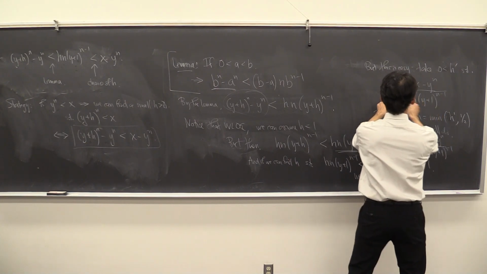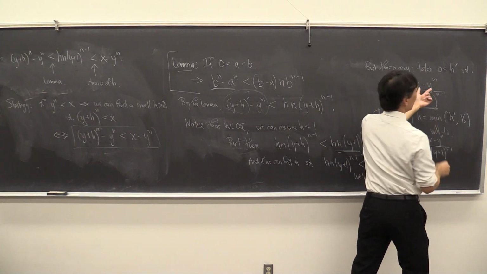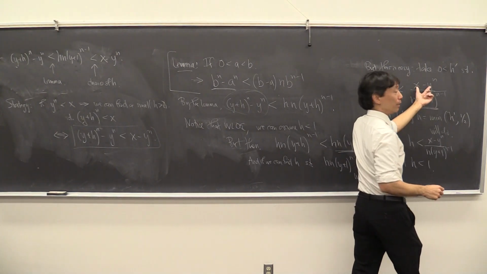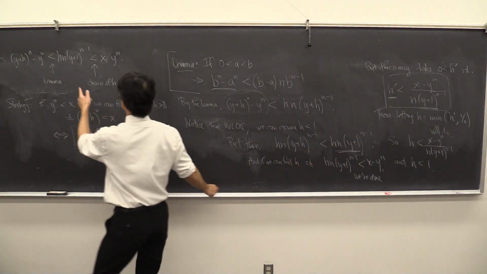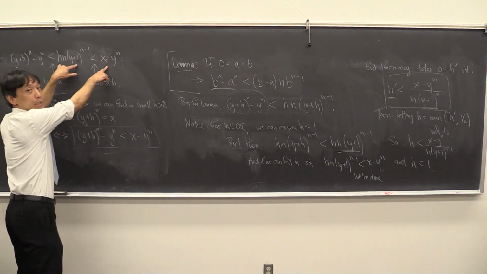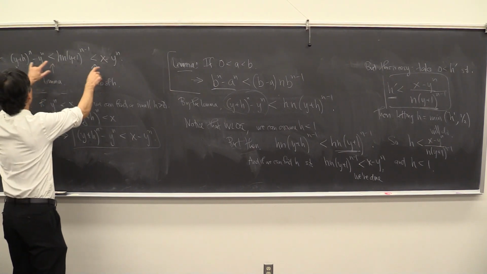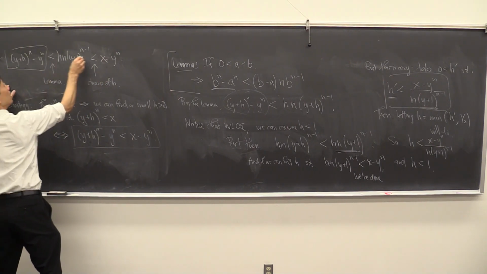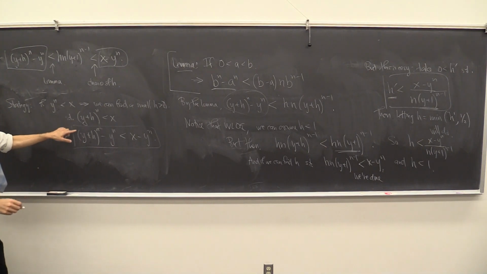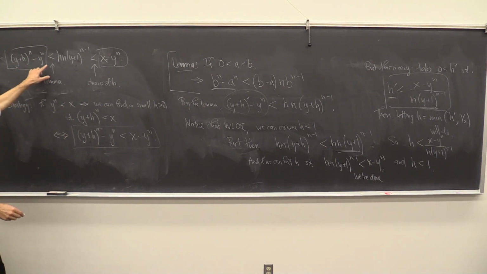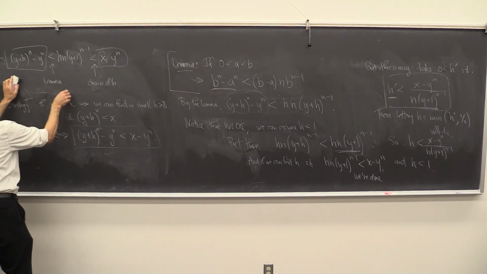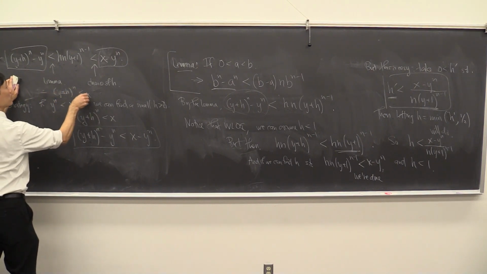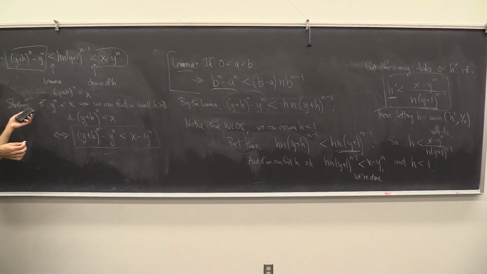In other words, h times this is smaller than x minus y to the n. So since our h satisfies this, this inequality holds. Okay, and so we get the inequality that we wanted. In other words, y plus h to the n is smaller than x, and that gives us our contradiction.